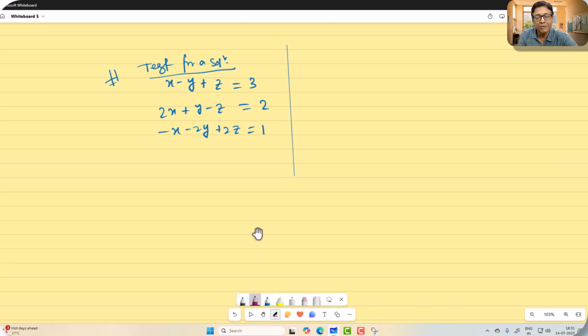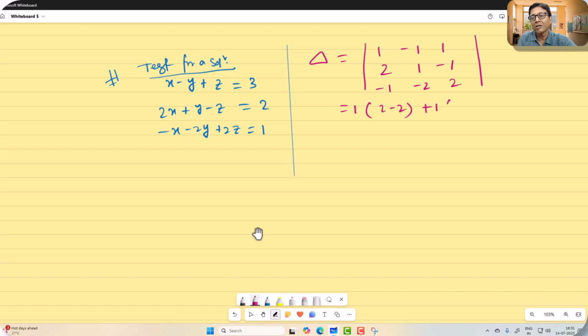Let us check a system to test for a solution, whether unique, infinitely many, or none. So write the value of delta: 1 minus 1 1, 2 1 minus 1, 1 into 2 minus 2 plus 1 into 4 minus 1, minus 4 plus 1.